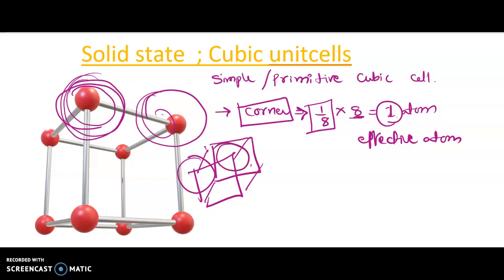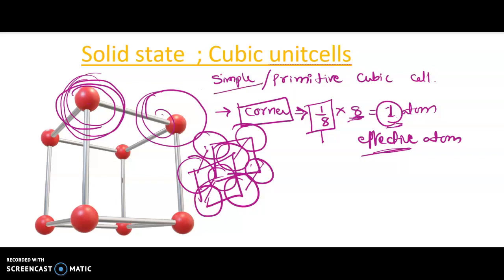They are like this. So here the contribution at corners will be 1 by 8 and there are 8 corners. So we will get the effective atoms. Here the effective atoms in the simple cube will be 1 atom. This is about a simple cube.